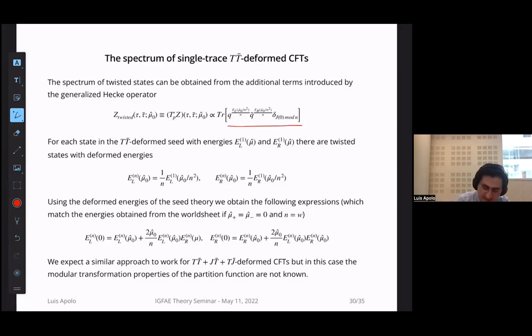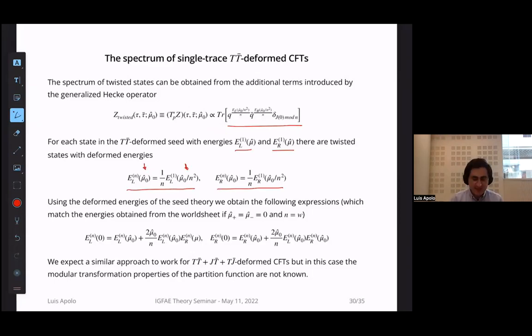So what this means is that whenever you have a state with energies E left and E right in the seed theory, you're going to get another state coming from the twisted sector that is given in this way. And if you look at these formulas, you see that they are also the same formulas that you find in a CFT, except we have to do an additional rescaling of the deformation parameter, which again comes from the interesting modular transformation properties of the theory.